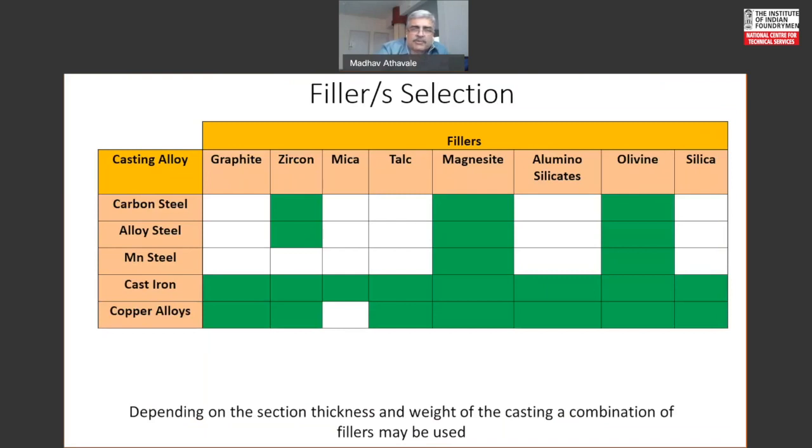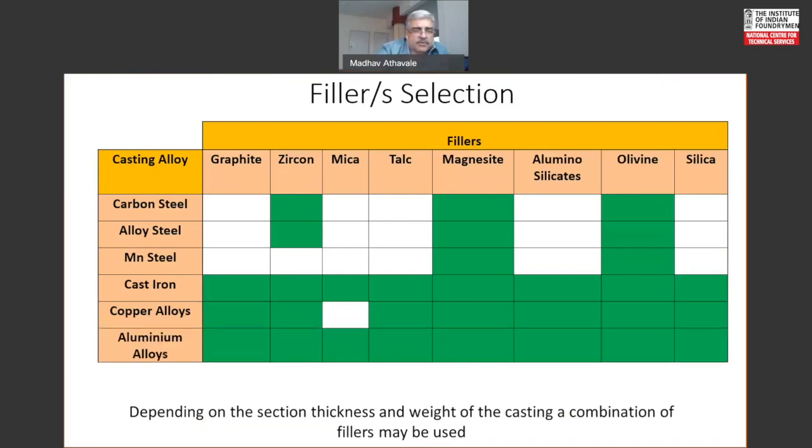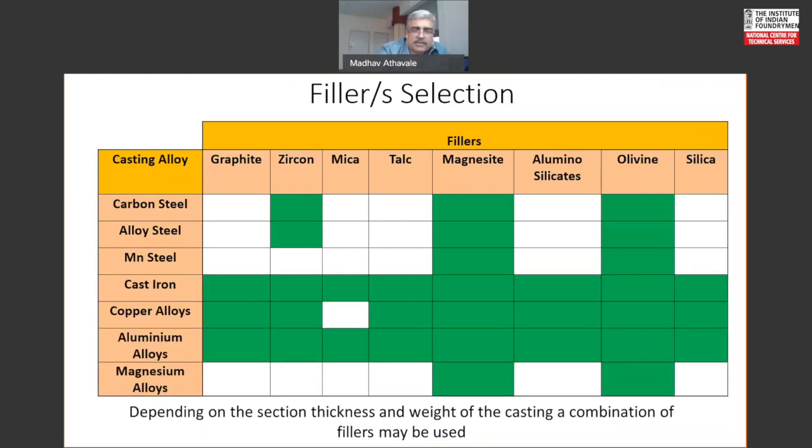Copper alloys, most of the fillers are useful. For aluminum also, most of the fillers are useful. For magnesium alloys, which are very, very aggressive, magnesite and olivine are the two types of fillers which are required to be used for magnesium alloy coatings. I will once again repeat, depending on the section thickness and weight of the casting, a combination of fillers may have to be used.